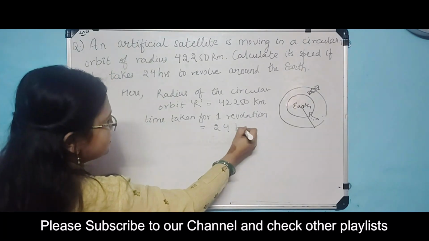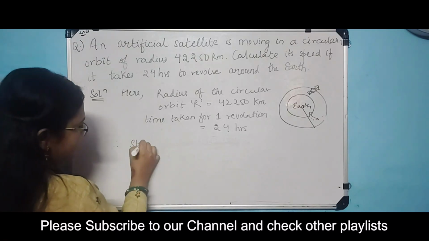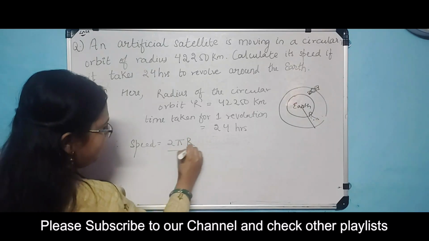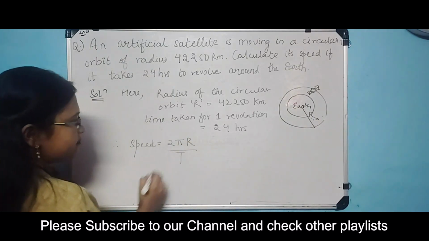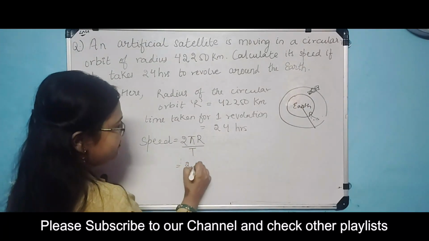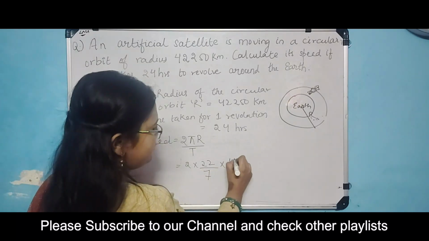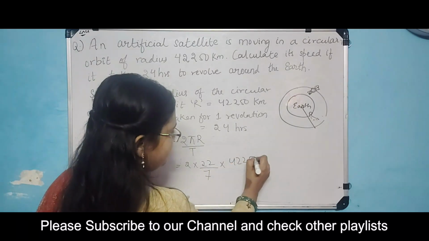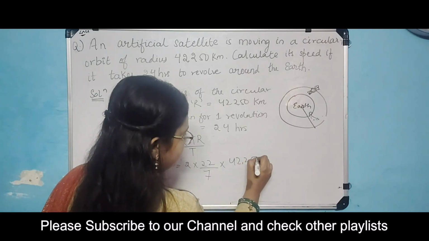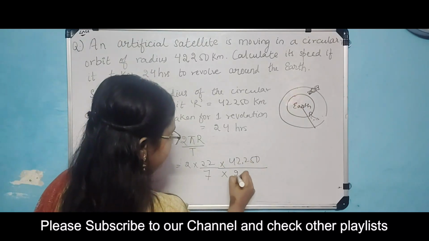Therefore, we know speed is 2 pi r by t. That means 2, we can take pi as 22 by 7, into r as 42,250, and the time taken is 24.